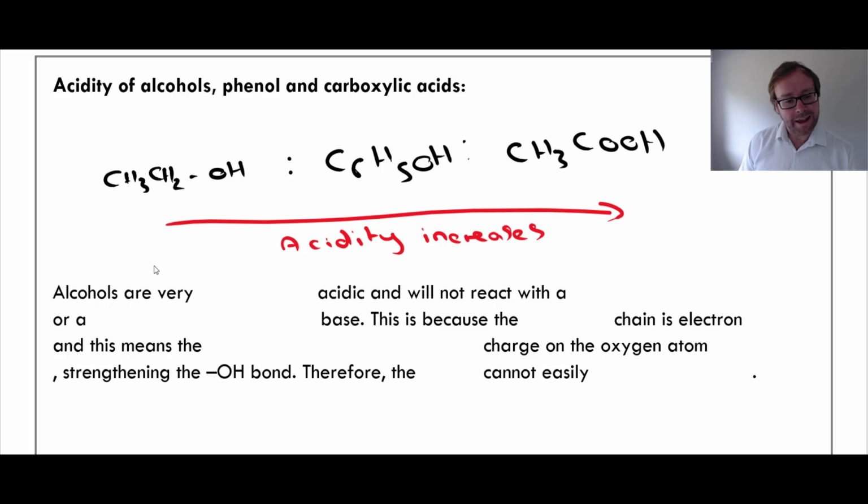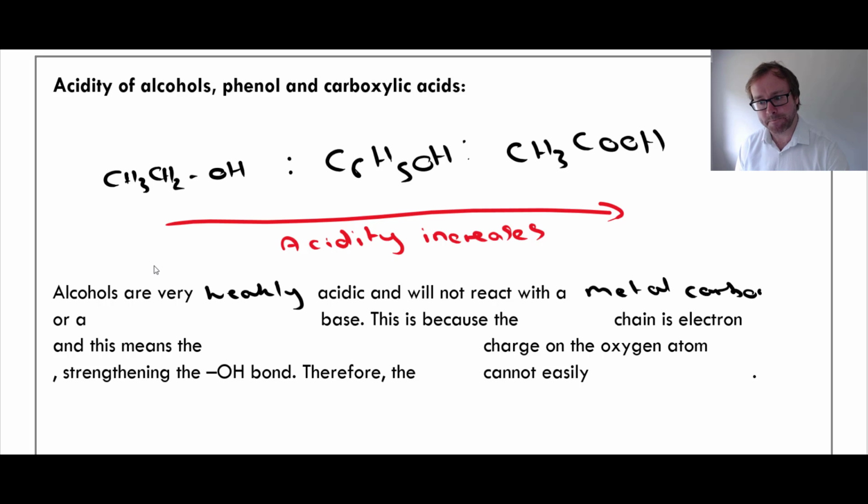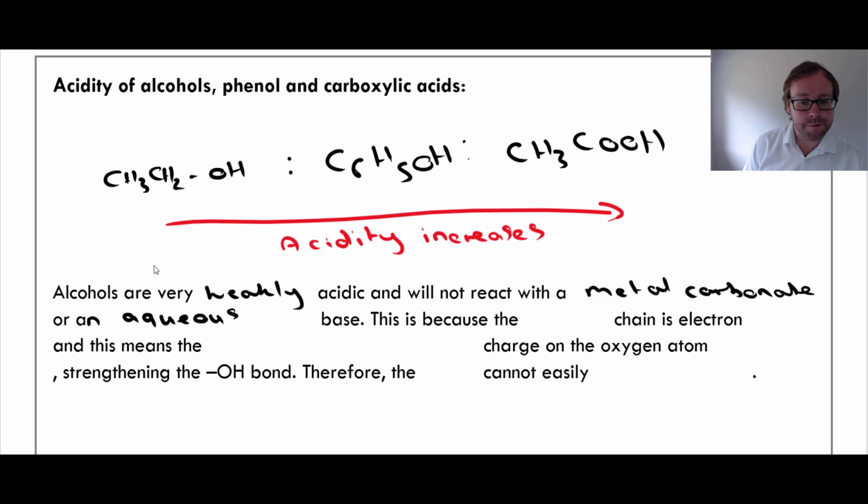So maybe we'll just write this. So alcohols are very weakly acidic and will not react with a metal carbonate or an aqueous base. So they will react with a very reactive metal such as sodium.